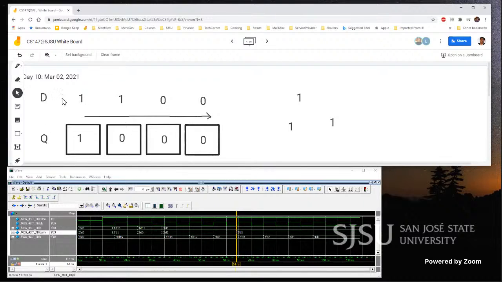So I need to change these to D was all 0. Okay. So Q3 will follow the D3. So what happens in the next clock, in the right shift, this is thrown out. This guy comes here, this guy comes here, this guy comes here, and this is duplicated.